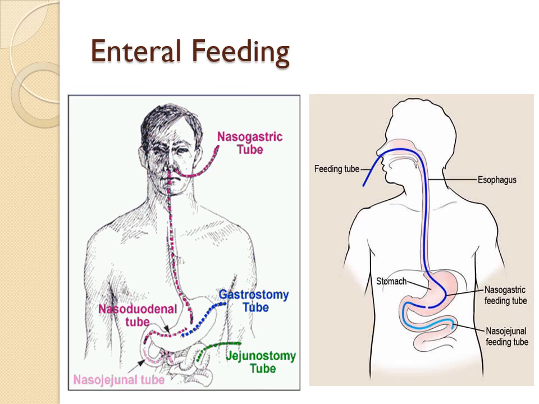They should always be up at least 15 degrees. They should never be getting their tube feeding while they are in anything but semi-Fowler's, which means 30 degrees or above. Because if you lower the patient, they are going to aspirate the content into their lungs. So always remember that. And the other picture shows you where the nasoduodenal tube may go, the gastrostomy tube, or even if it's placed in the jejunum itself. So those are pictures to show you, and there's information about it within your readings.